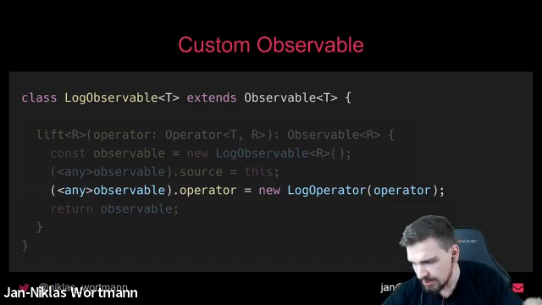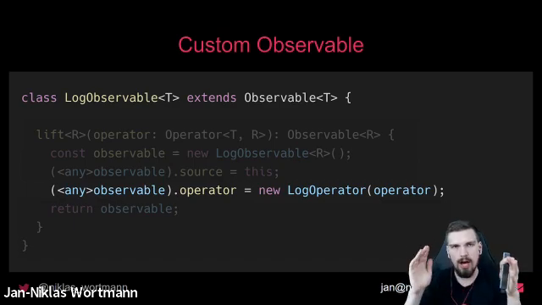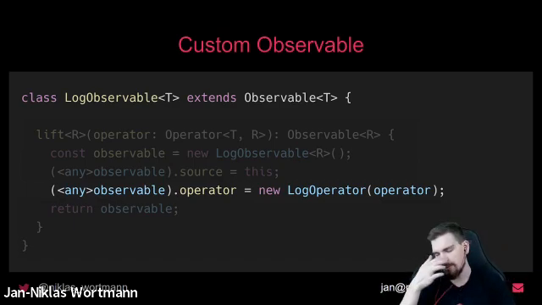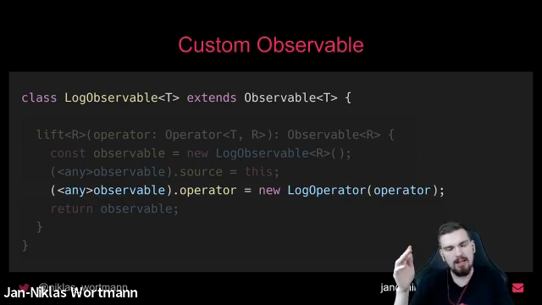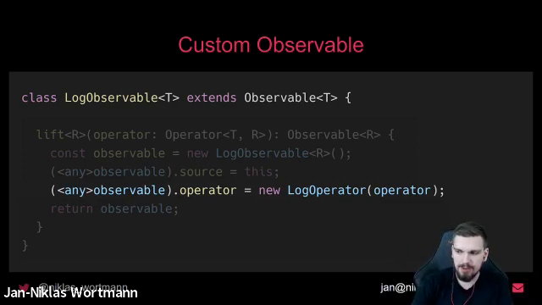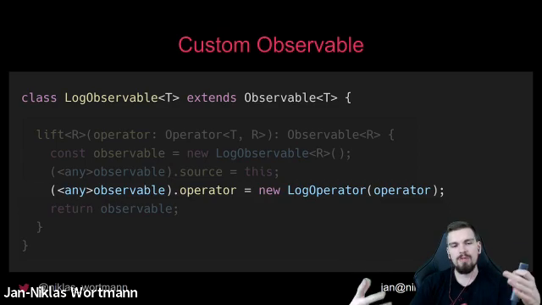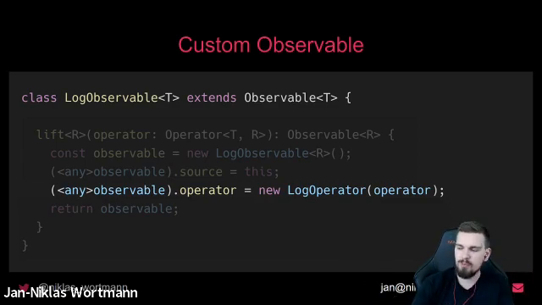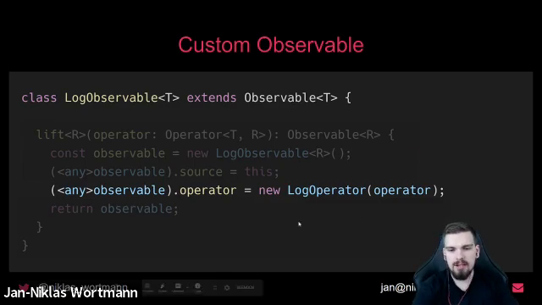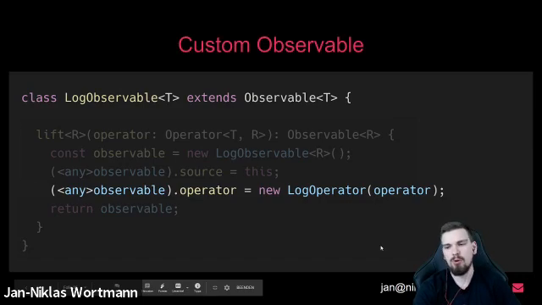So I actually took this example out of the RxJS code base. We have this log observable in some kind of testing method. What you could do with the lift method is provide a custom observable type for your own needs. So you could create such a log observable, which instantiates a new log operator where you pass your operators to.